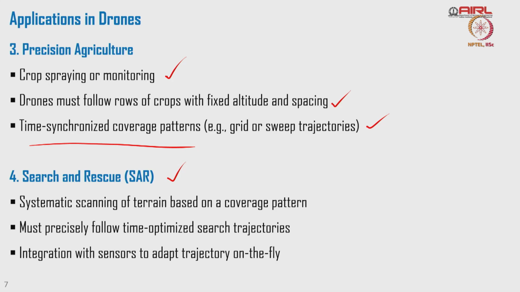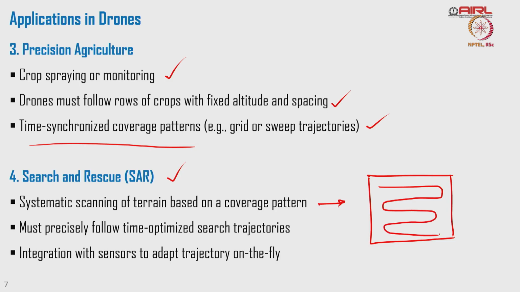The systematic scanning of terrain based coverage pattern should be followed here. So, if there is an area which is very important for us to monitor and it is a disaster affected area, maybe a flooded area, and you want to see whether there are survivors, then we should plan a predefined path in such a way that it covers the maximum area possible in that particular arena, and then the drone also should follow this trajectory as much as possible, so that it can cover the entire area smoothly.